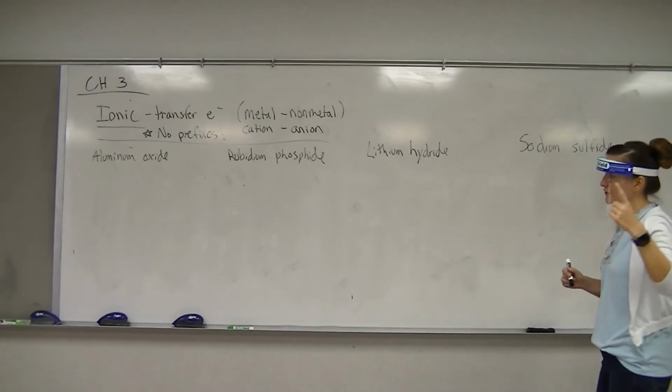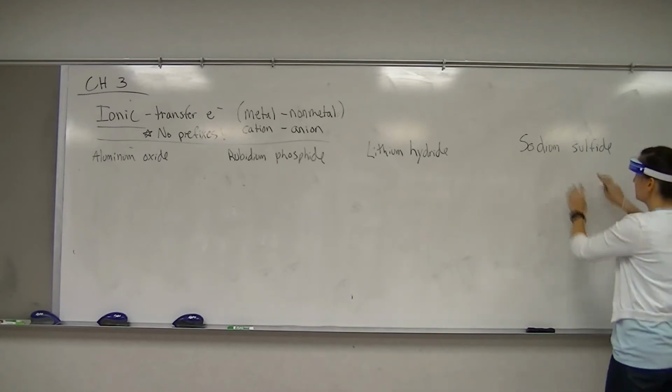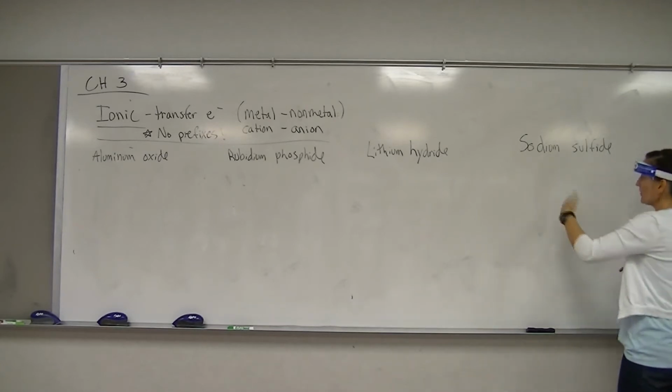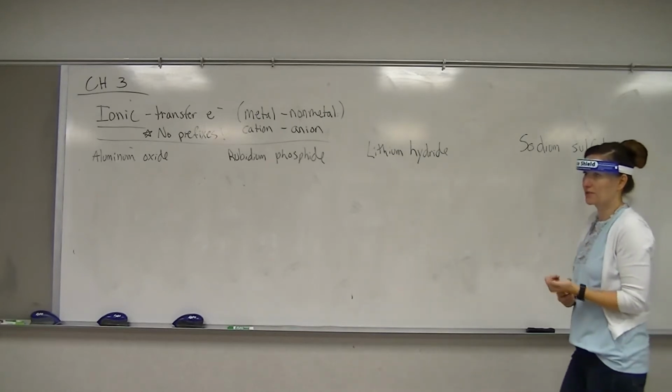How do I know? Well, first off, I don't see any prefixes, so that would tell me it's ionic. Also, you can look at the elements involved and realize that you have metals now. So for covalent, we don't have any metals in covalent compounds.